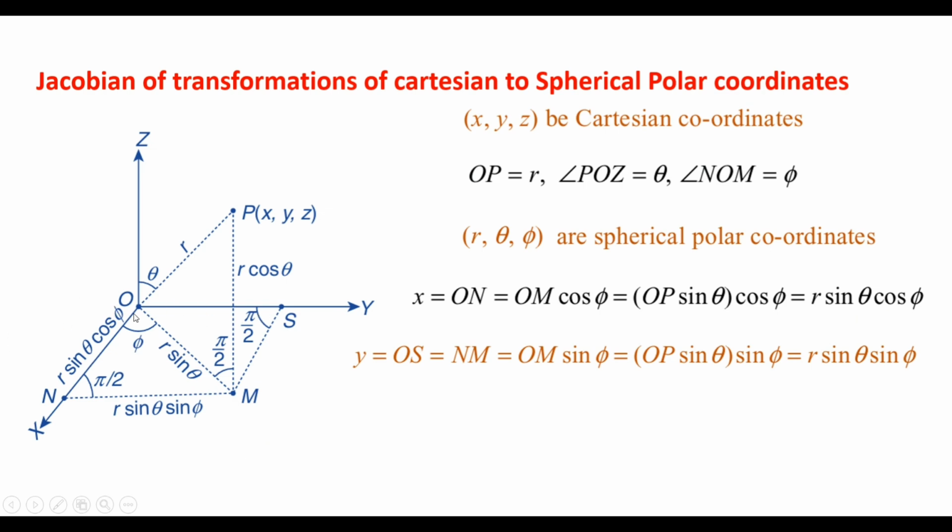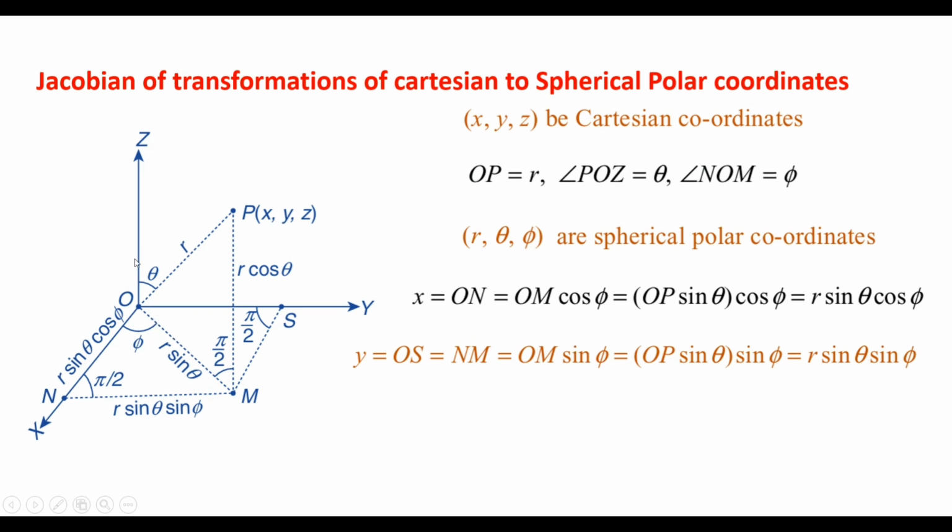Similarly, you can see the distance between O and S is the line OS, that is y, and it is equal to the line NM. NM is also expressed as OM sin phi.